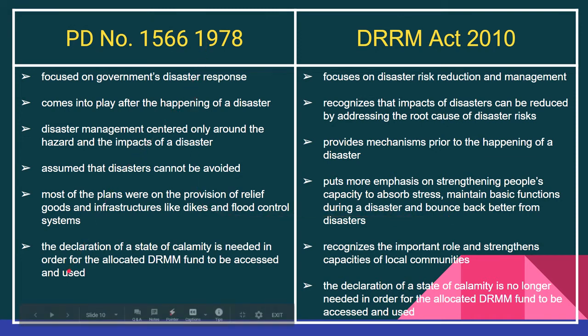And in PD 1566, the declaration of a state of calamity is needed in order to access the fund. Okay? While here, the declaration of state of calamity is no longer needed in order to access the fund. So this one, we already had in 1978, but it was revised and repealed and became more modern and more comprehensive under the DRRM Act of 2010.